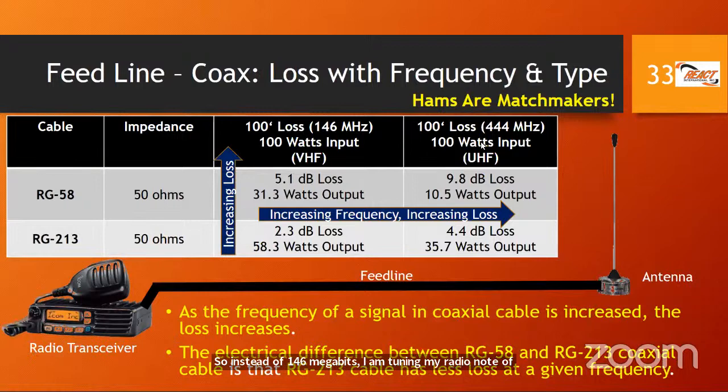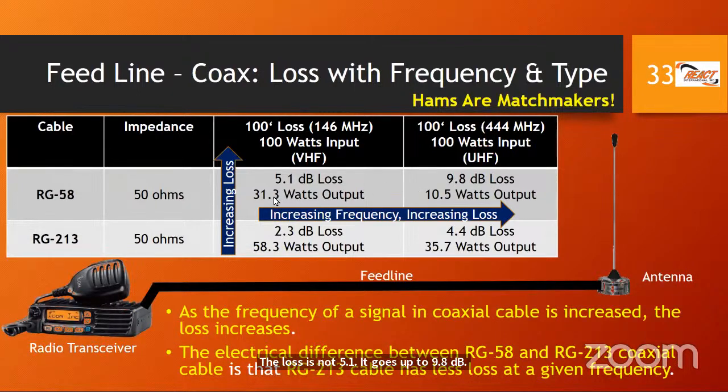One is VHF, one is UHF, but I'm using the same coaxial cable RG58 that had a loss of 5.1 dB when I was dealing with 146 megahertz. But look at what happens when I change frequency to 444 megahertz. The loss is not 5.1, it goes up to 9.8 dB loss, and that's 9.8 dB per 100 foot.